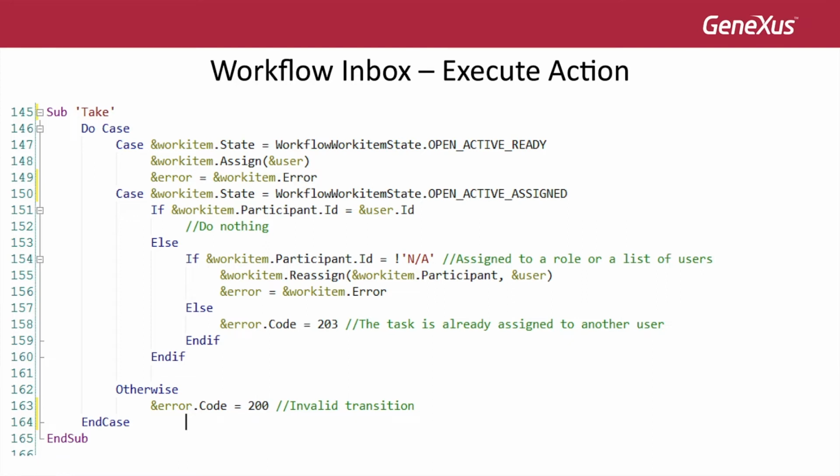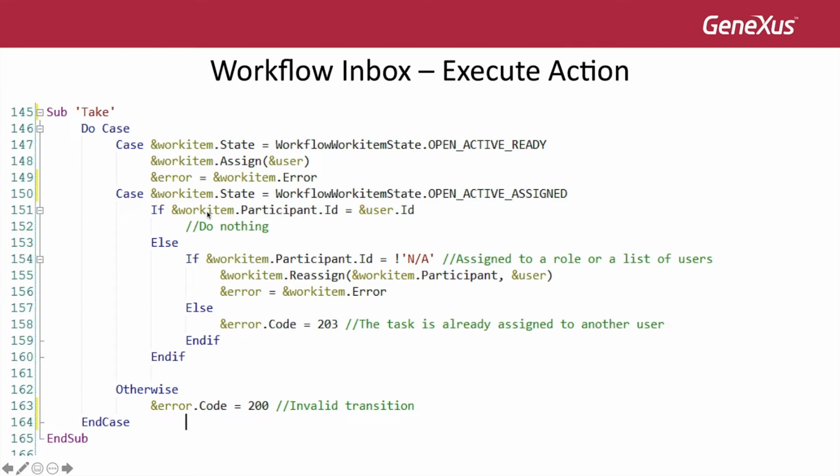So it uses the assign method of the work item variable, and it passes the variable user, which has been loaded at the start event. If there's no error, it will continue. In case the work item is open active assigned, it will validate that the user logged in is the user who has been executing this work item.